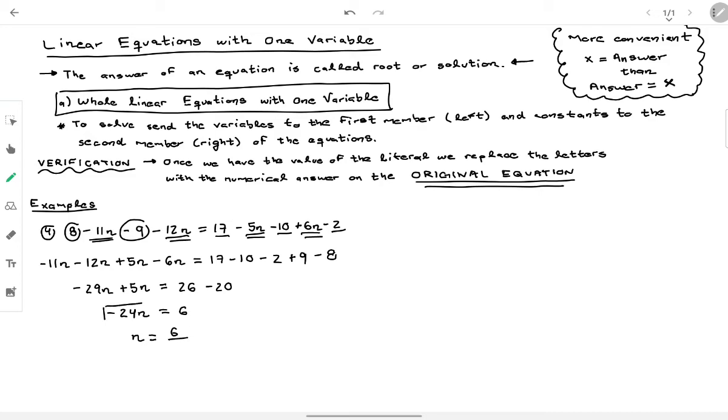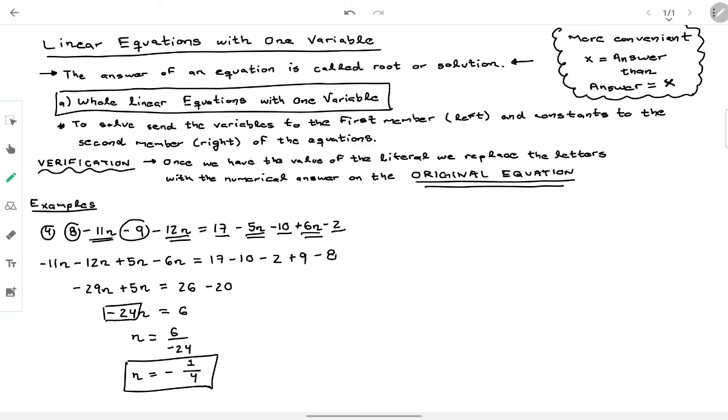Remember, the minus 24 is multiplying the n, so it's going to be dividing. 6 over minus 24, we can simplify it, dividing by 6, and we can put the minus on the outside part of the fraction. Divided by 6, it's going to be 1/4. So this answer is going to be n equals minus 1/4.